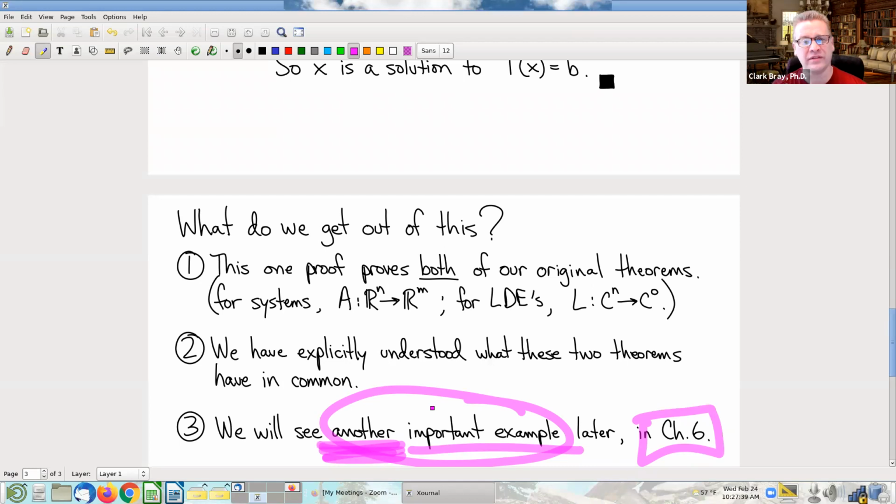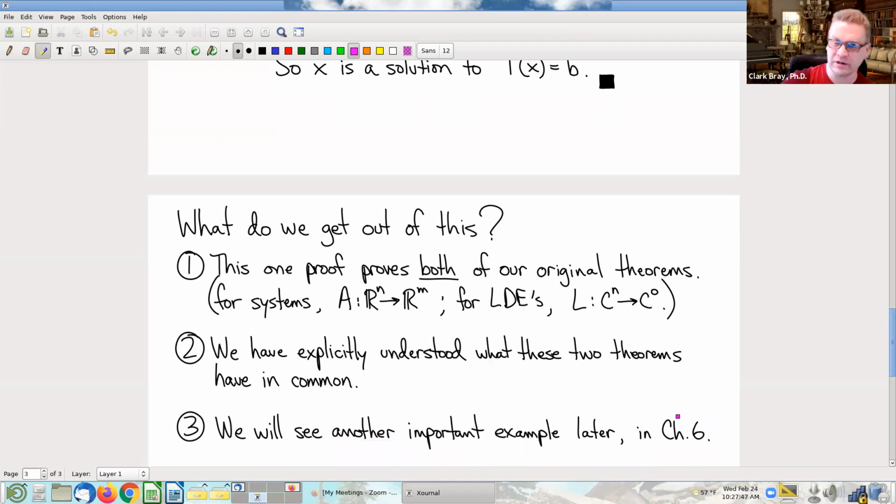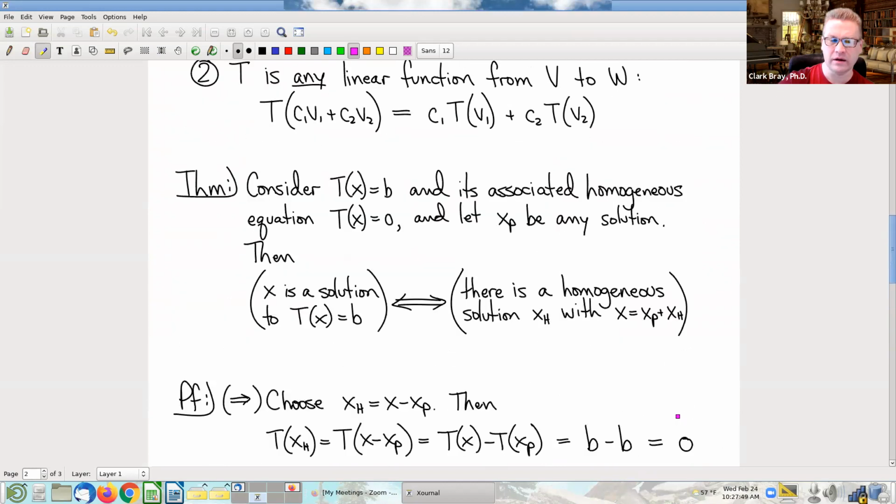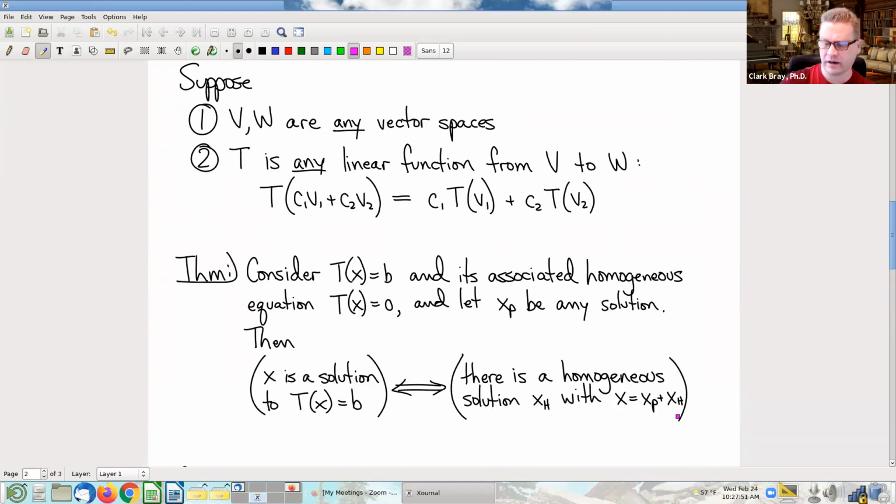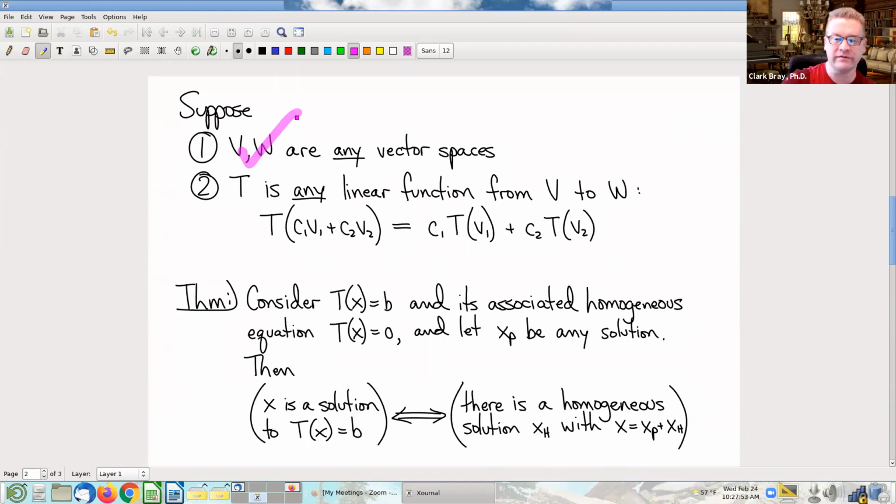We won't have to prove the theorem again. We've already proved that result, we just don't know it yet, right? Because when we get to it, all we're going to say is, oh, here we are again. We have a new pair of vector spaces and a new linear function. Oh, good news. I already know a theorem. The proof has been done. I don't have to rewrite it.